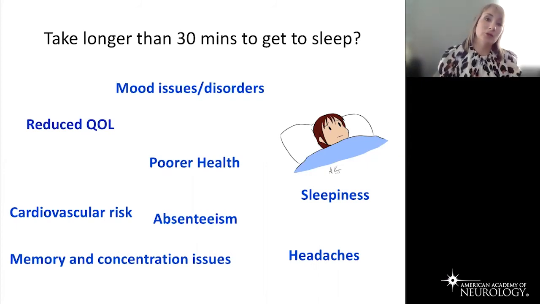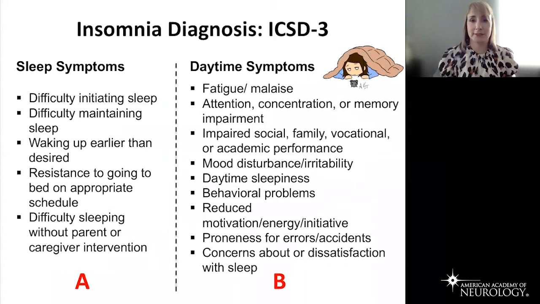Insomnia, we're realizing, has a lot of risks associated with it, including cardiovascular risks, hypertension, reduced quality of life, more mood disorders, missed work, memory and concentration problems, headaches, a lot of things that can get tied in with insomnia. It's a clinical diagnosis. Again, as I mentioned earlier, you don't do a sleep study for this.